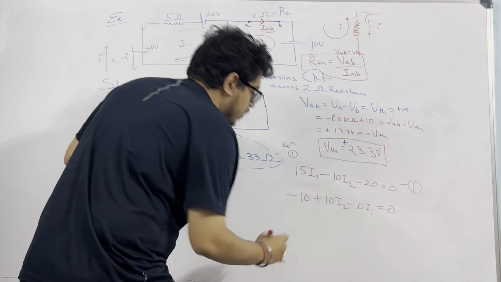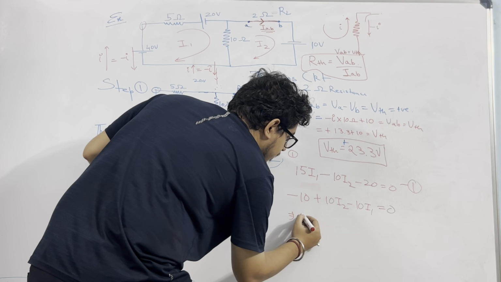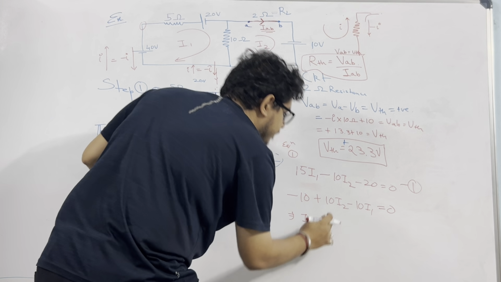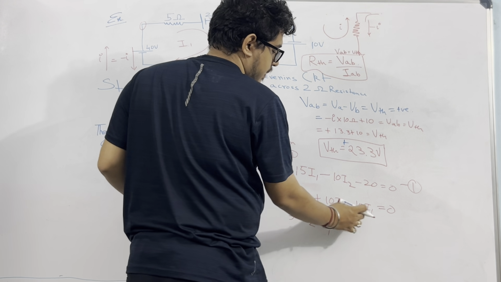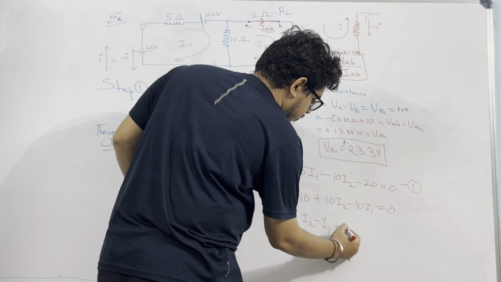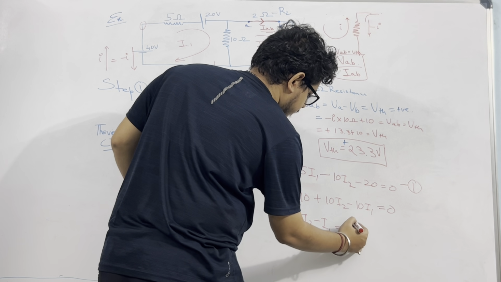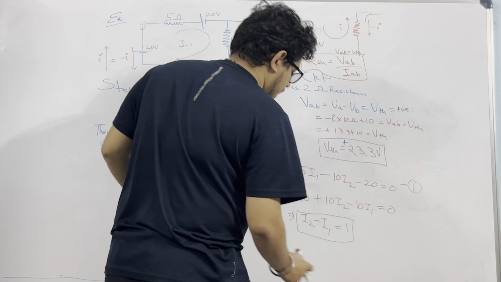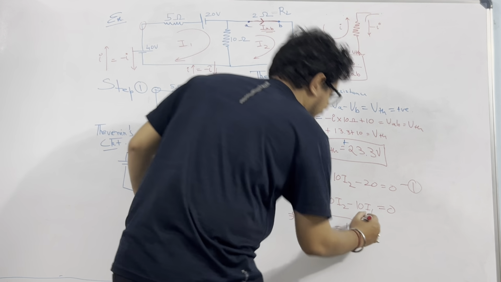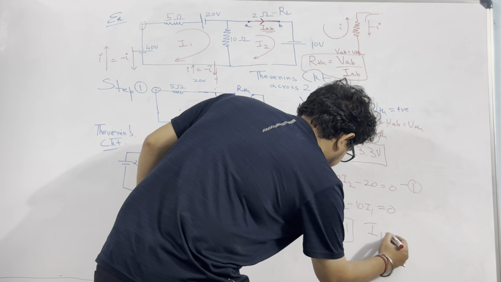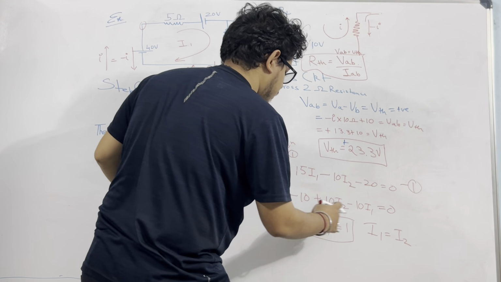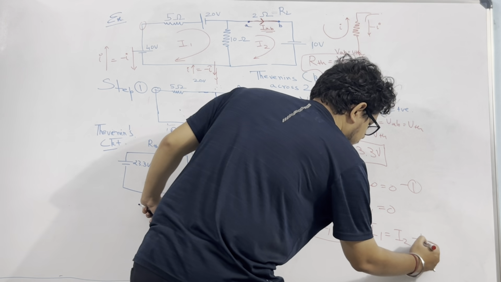So it will be equal to I2 minus I1. I2 minus I1 will be equal to 1. I want to find I2, so I1 will be equal to I2 minus 1.